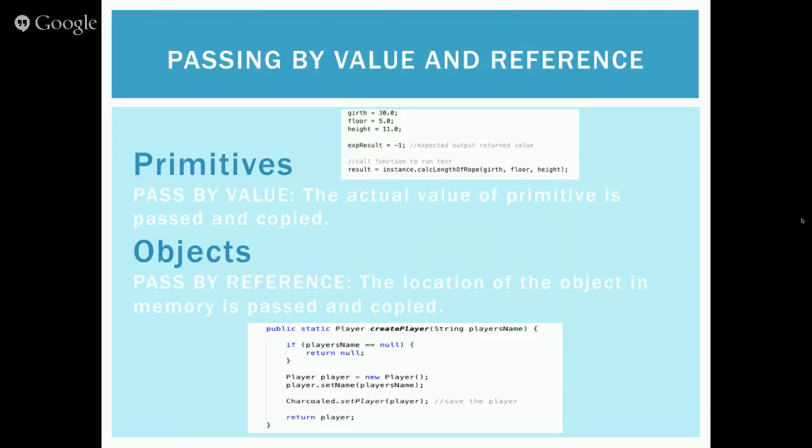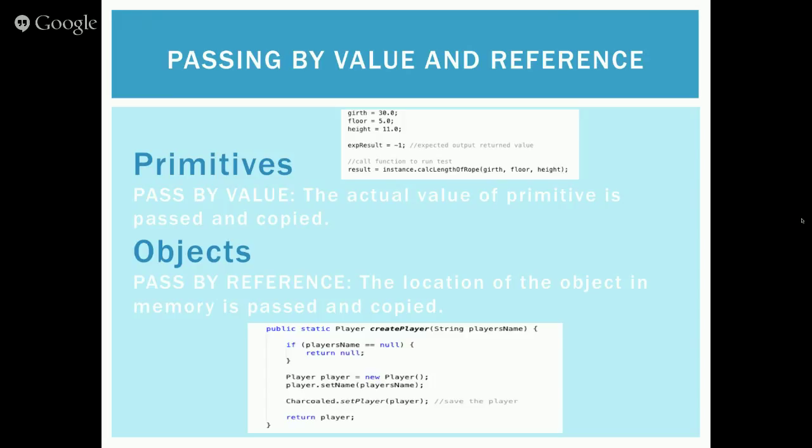Okay, next we'll talk about passing by value and reference. When we have a function, we pass values within the function, so the function can do something with those values that it received. In this case, it receives variables. Java handles different types of variables differently when we pass them within a function.